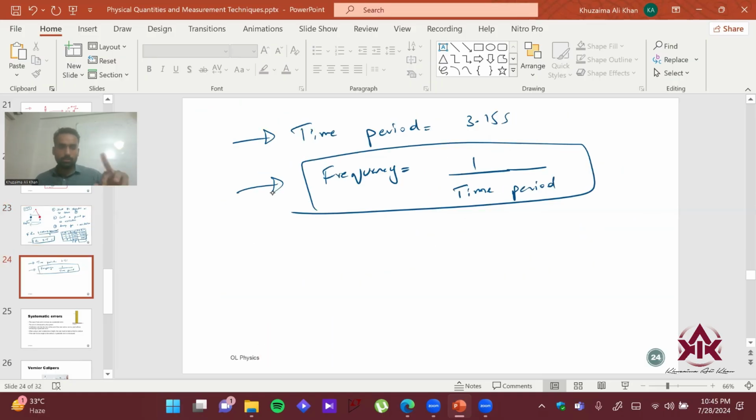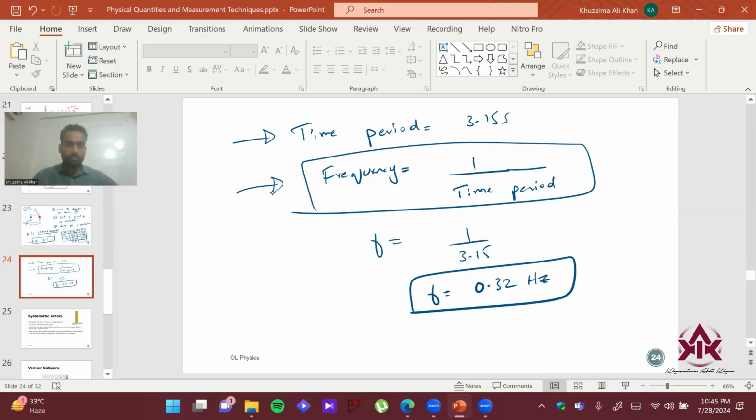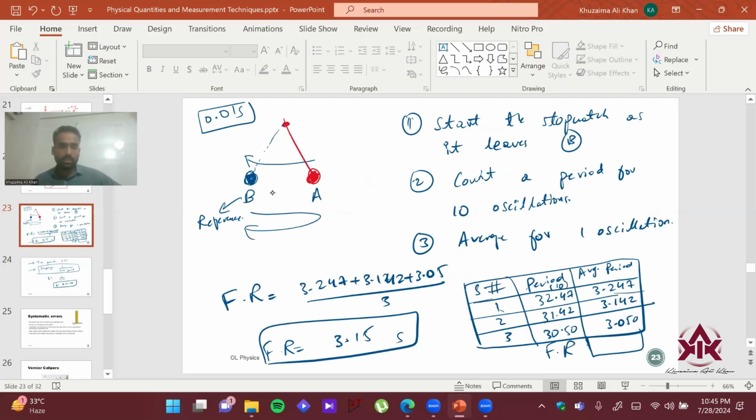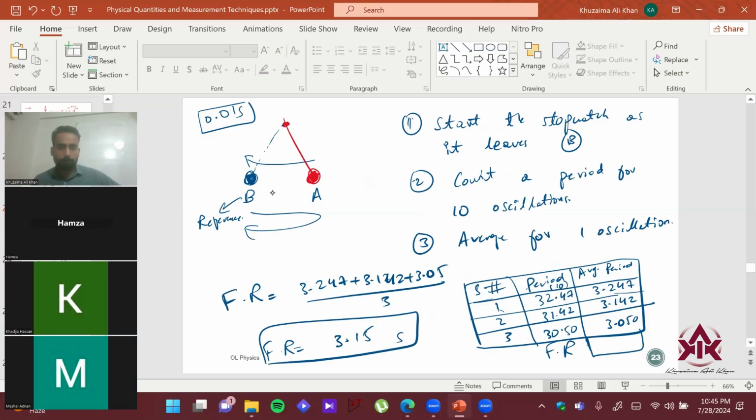So it's basically the inverse of the time period. So the frequency is going to be 1/3.15, which is about 0.32 hertz. So in 1 second, it completes 0.32 of an oscillation, so in 8 seconds it is going till here. This is half, so it's going till here.